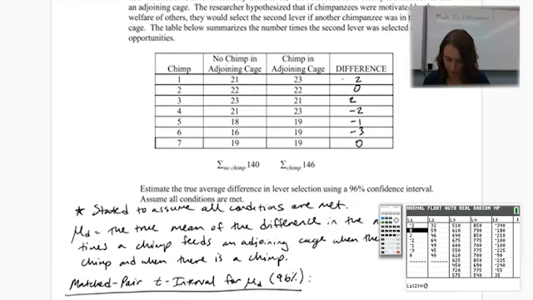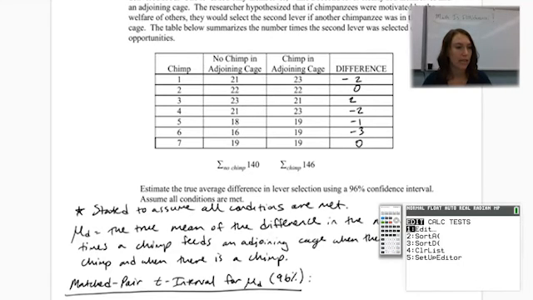This is a -2 difference. Okay, so -2, 0, 2, -2, -1, -3, and 0. Whoops, okay. So let's try this again. I'm going to go to stat, tests, t interval, and go back down to calculate. I'm going to recalculate this. There we go, okay.